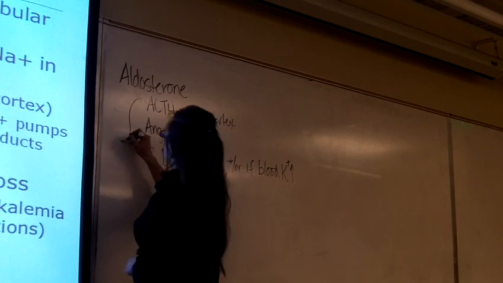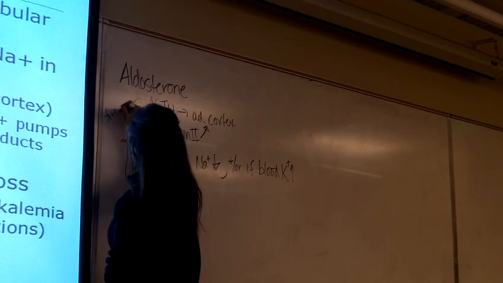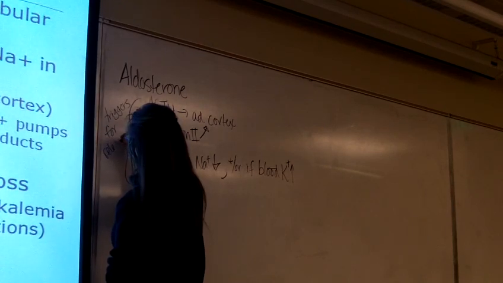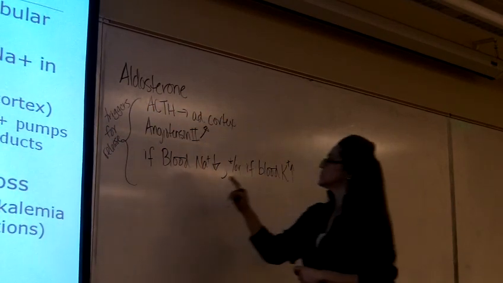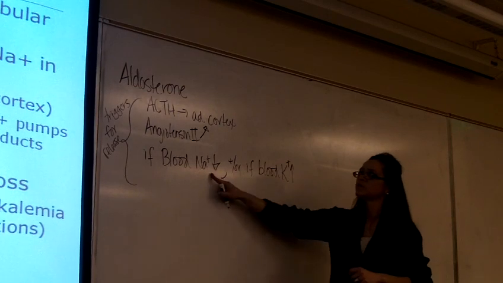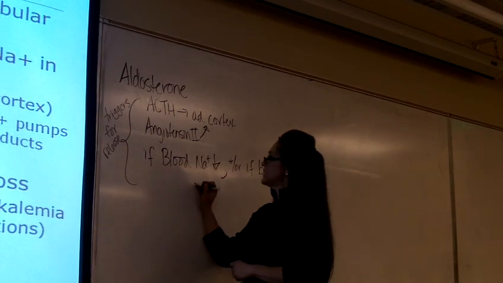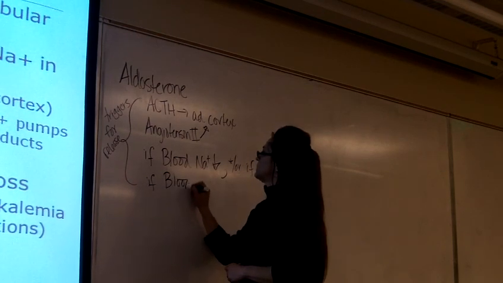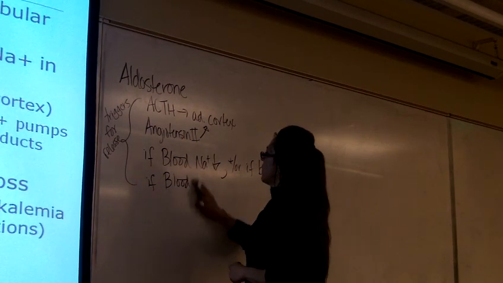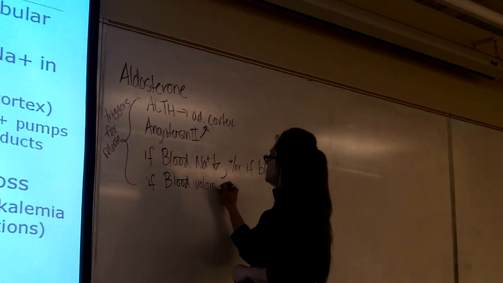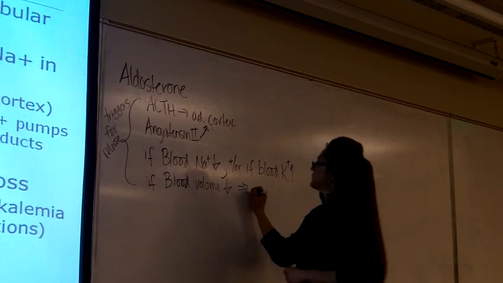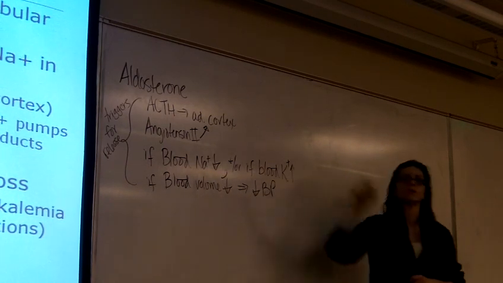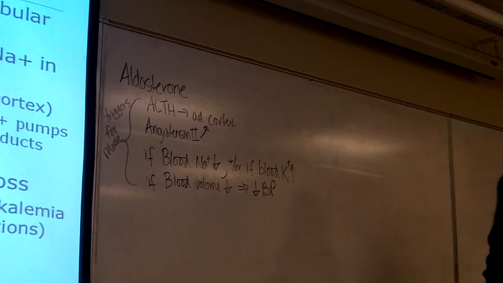So these are all triggers for aldosterone release. Actually, I should also say too, if blood sodium levels are low, that means that blood volume is low, which means that blood pressure is low. So all of those are triggers for aldosterone release.